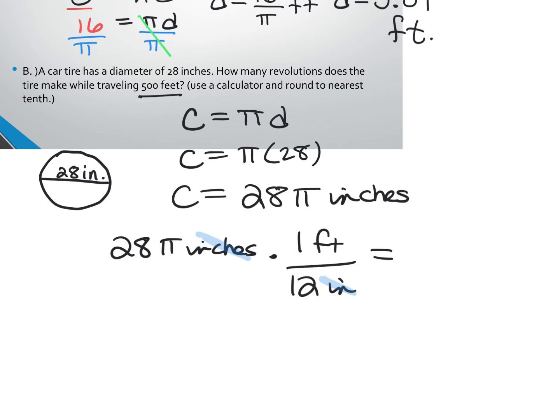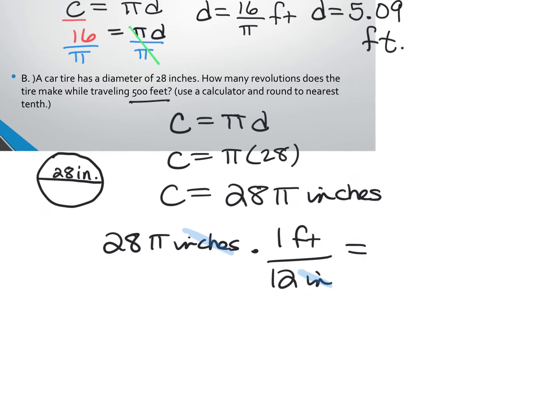Once I do this, I'm going to find out that the circumference in feet now is going to be 7.3303828, and leave this long number on your calculator. This is now the circumference in feet.